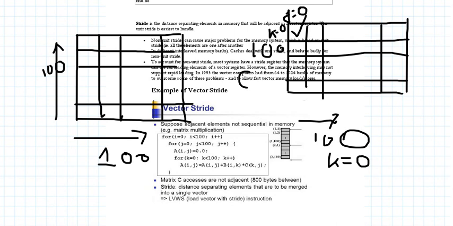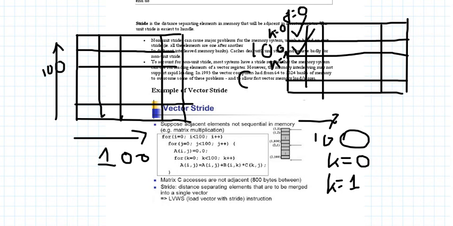Now, as k is being incremented in this inner loop, for j equals 0 in the next iteration, the value of k will be 1. So, during the next iteration of this inner loop, you are going to access this element for which k is 1.